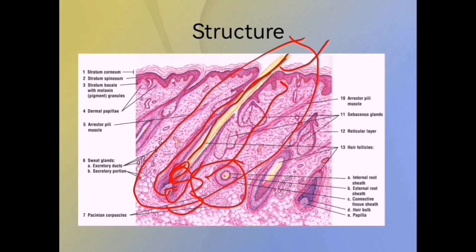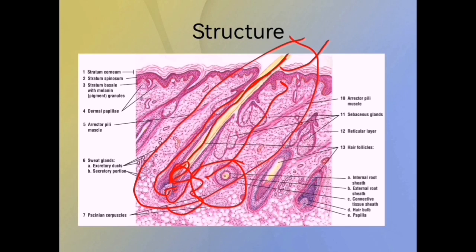Surrounding the medulla we find the cortex. In the region of the cortex, we find keratinocytes which are cuboidal and highly keratinized. The region surrounding the cortex is the cuticle, which is mainly made up of squamous cells which are highly keratinized.